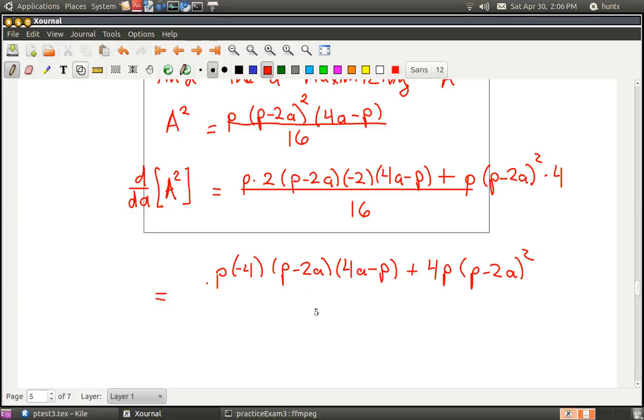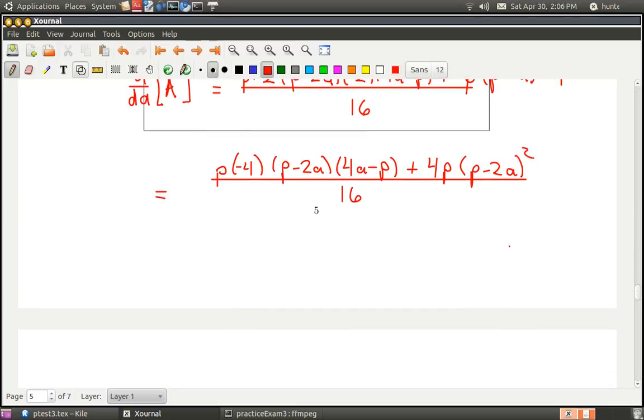So I have some things in common to everything. Maybe I should write it here in blue. What's common to all these terms is 4P times P minus 2A. I can factor that out. So what happens when I do that?